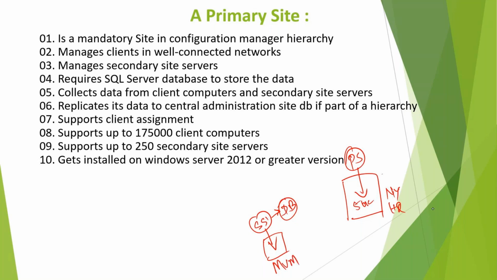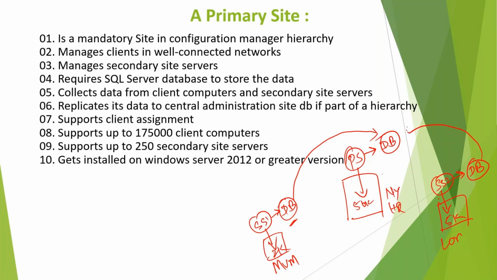Another secondary site, let's say this one is London. You have secondary two, which also has a database, and it is going to manage all the devices in London. Let's say 2,000 devices in Mumbai, 5,000 devices in London. And primary site has a database. Secondary also has a database. Now, whatever data secondary collected, it is going to pass on to the primary database, right?